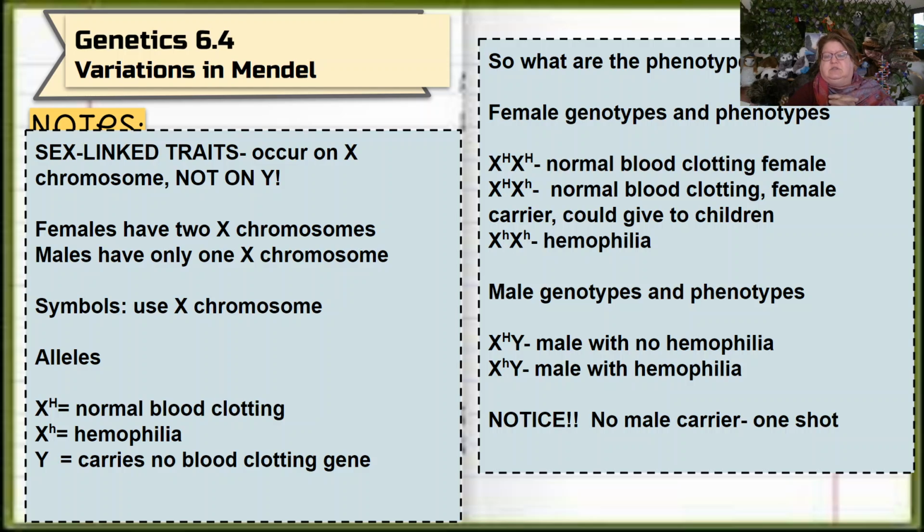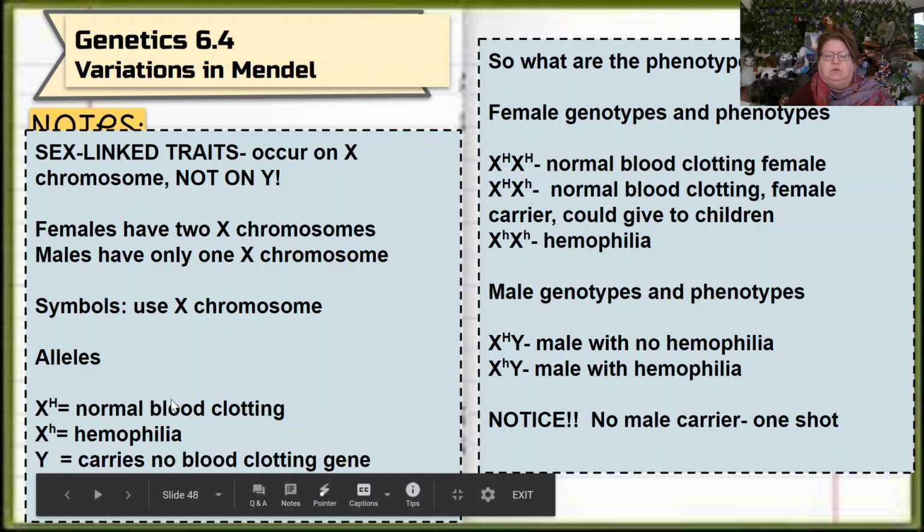Now I'm going to use the example hemophilia, and hemophilia is a blood clotting condition. It's a recessive condition. So if you have X big H, that means you have the normal blood clotting gene.